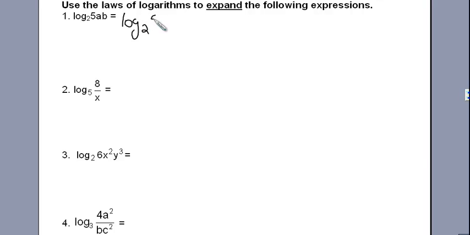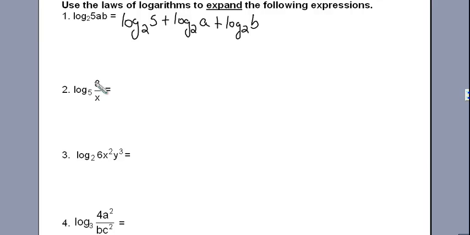So it's log base 2 of 5 plus log base 2 of a plus log base 2 of b. And that has been expanded so that each of these represents only one part of that monomial that we're trying to take the logarithm of.